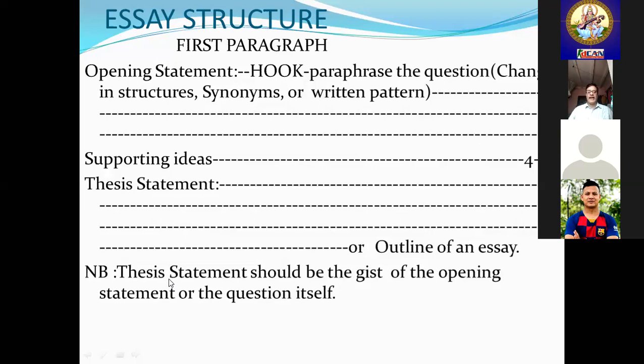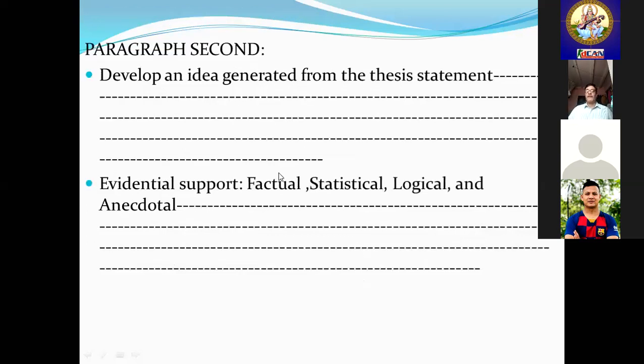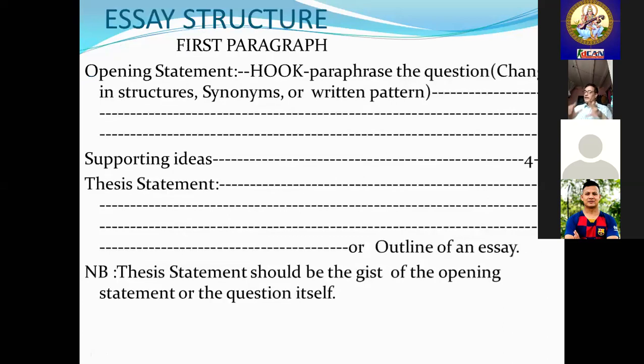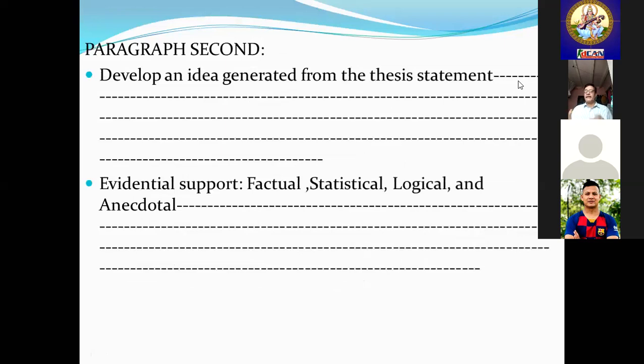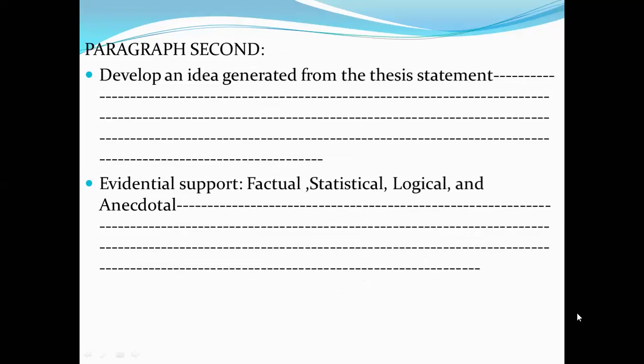Now let me go to the next slide, please, ladies and gentlemen. I hope you understood very clearly. Then the first paragraph is over. Let me recall it again: opening statement, supporting ideas, and thesis statement. Let me prove this mathematically. If the opening statement is A, the supporting idea is B, and the thesis statement is C, then C is equal to A plus B.